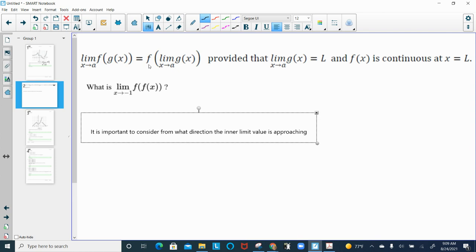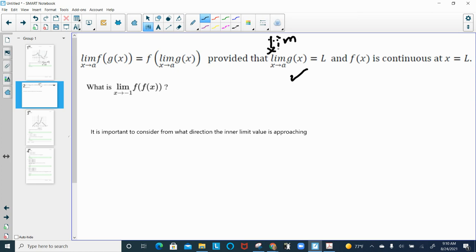But I'm here to tell you that only works when the limit as x approaches a of g of x equals a particular value. Well, we had that because the limit as x approaches -1 was 3. So we had this particular thing. Put a little check mark here. But this other condition has to be in place. f of x has to be continuous at that value. So in our case, let me just write in here what this would look like.